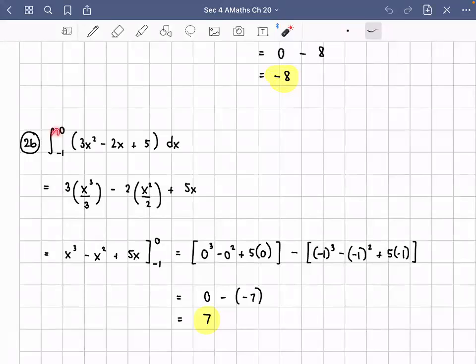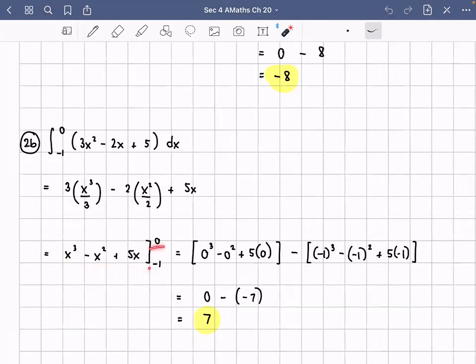So let's find the antiderivative of 3x squared minus 2x plus 5 from -1 to 0. First we get the antiderivative of this. So the answer is x cubed minus x squared plus 5x, and then we get the upper limit and the lower limit.